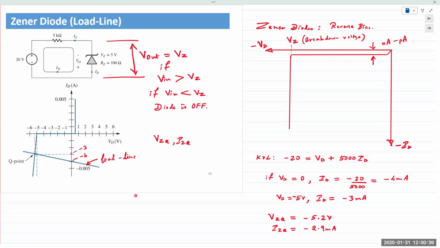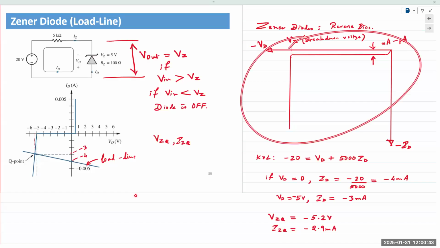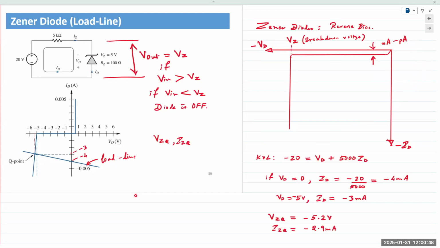So when we plot it, we are simply plotting the Zener diode characteristic. So it's minus V and minus I. We plot it in the third quadrant, even though we'd say VZ is 5 volts, so it means plus 5 volts. But when you plot it, you would plot VZ as minus 5 volts.